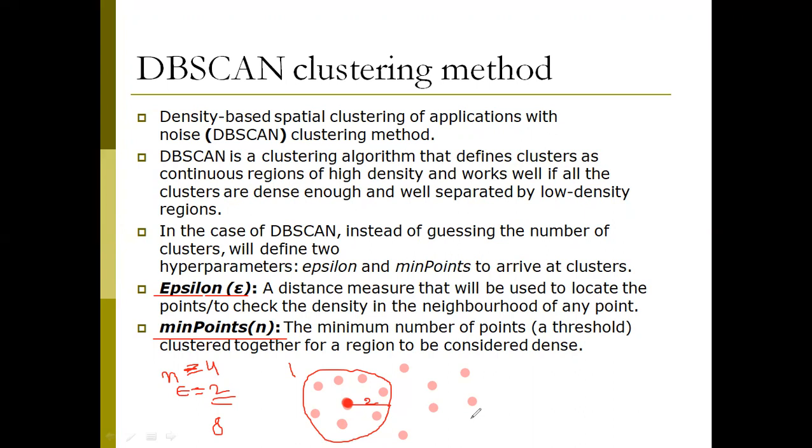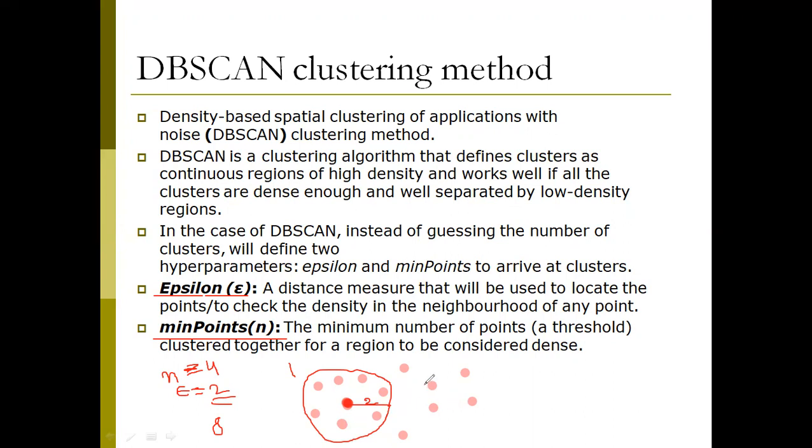You need to assign some value. Then based on that value, you need to check whether your cluster has the given minimum number of data points or not.